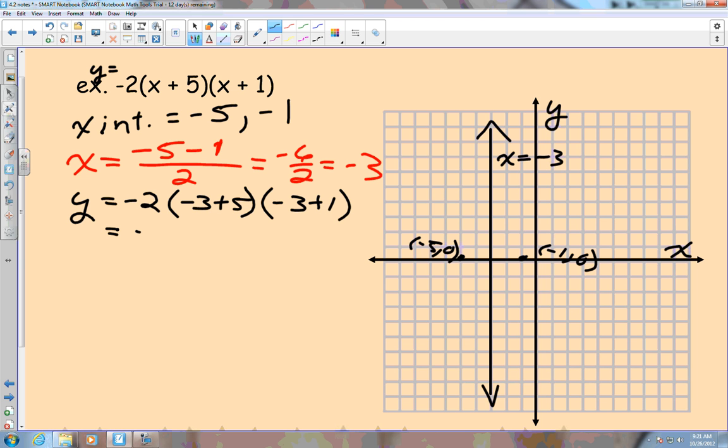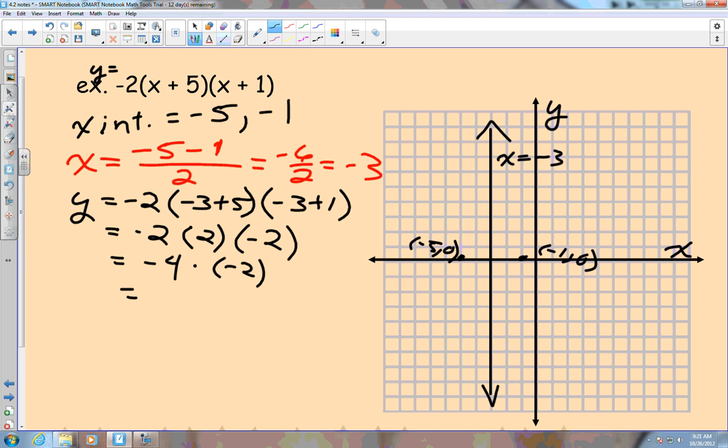So I get negative 2, in parentheses I got negative 3 plus 5 is a positive 2. In the next parentheses, negative 3 plus 1 is a negative 2. So I get negative 2 times positive 2 is negative 4, and then times negative 2.